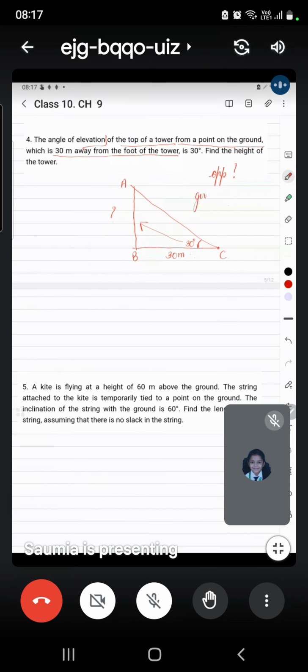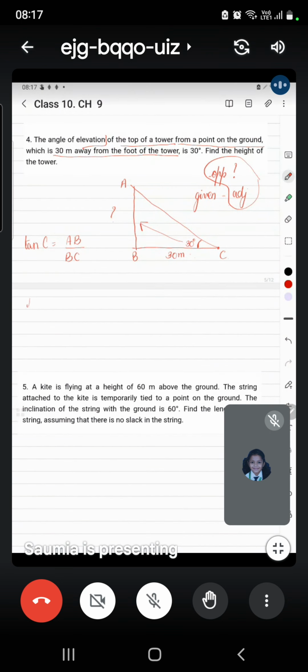And the given side is what? BC. Adjacent side. So choose a ratio which connects opposite and adjacent. Which is that ratio? Tan ratio. So tan C is equal to opposite upon adjacent.